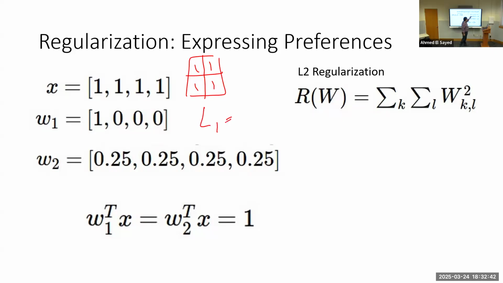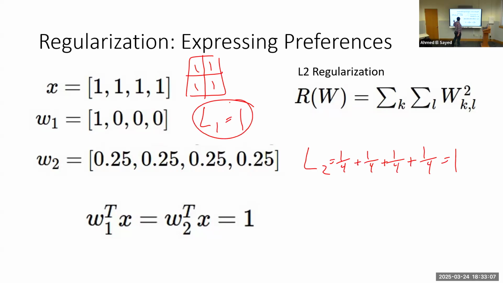This time this, this time this, this time this, this time this, and sum, the result will be 1. If you calculate the loss based on W2, it will be 1/4, 1/4, 1/4, 1/4, the result is 1. So both of them give you L of 1.